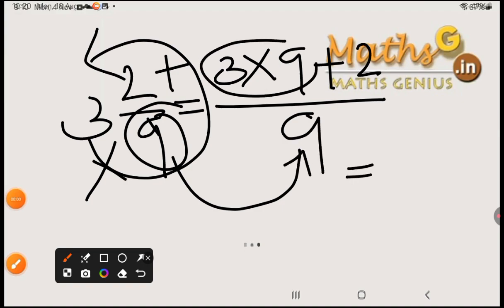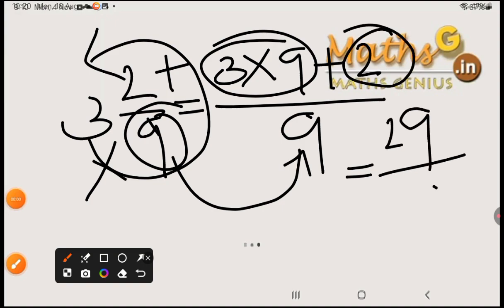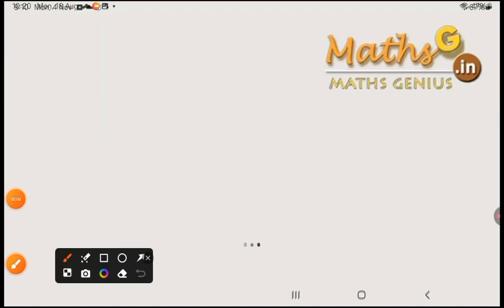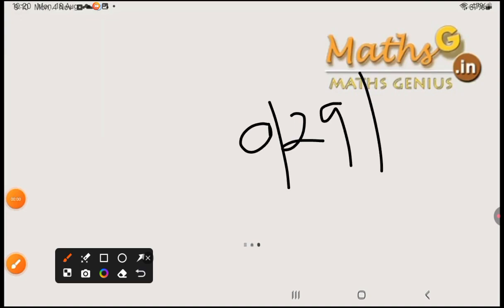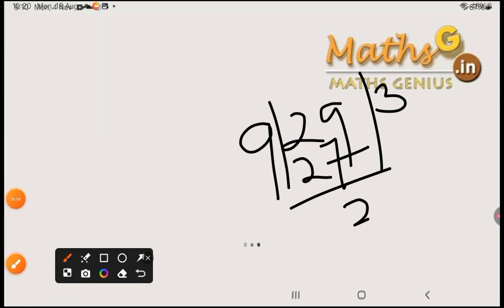So, 9 3s are 27 plus 2, 29 by 9. To cross verify this, divide 29 by 9. 9 3s are 27. How much is left? 2.